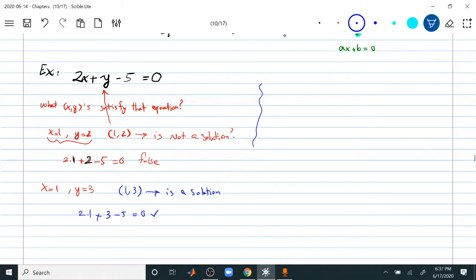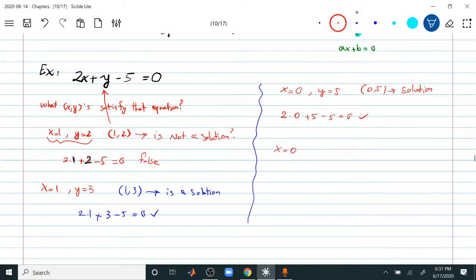So let's try another one. Let's try another point, something like x equal to 0, y equal to 5. If I try that, I'll get 2 times 0 plus 5 minus 5 equal to 0. And you'll see this is a true statement. This means this is a solution as well. 0, 5 is a solution. And there are multiple. You can try another one.